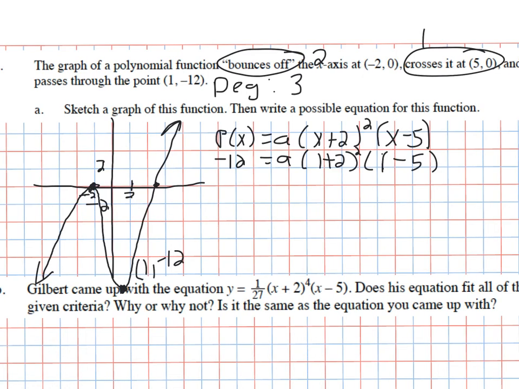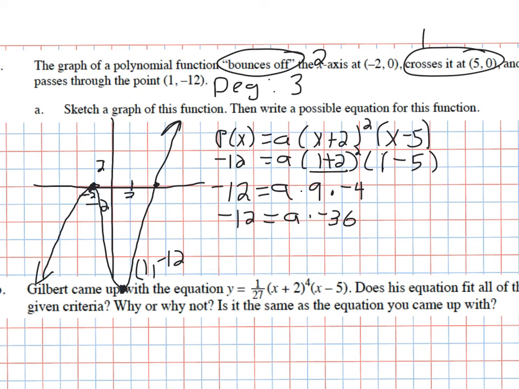So negative 12 equals a times 3 squared, which is 9, times negative 4. So negative 12 equals a times negative 36.